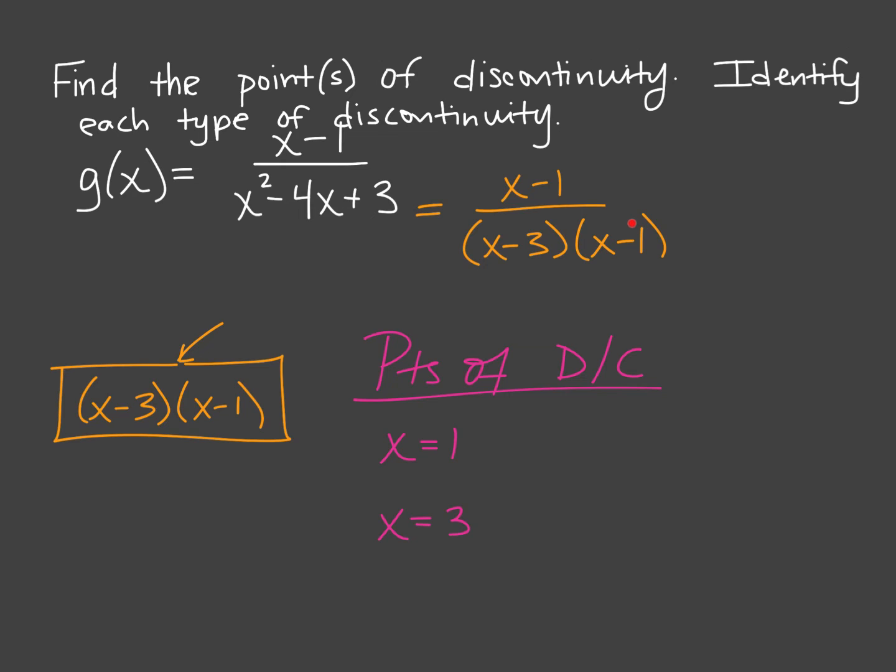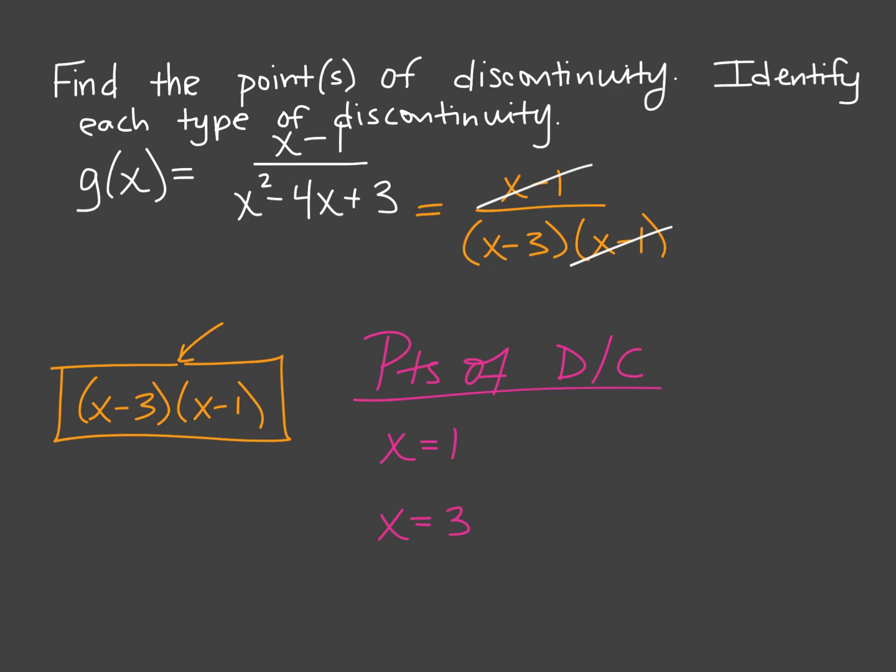This function is super similar to the previous one, except now we can see that our numerator is x minus 1 and therefore cancels with this factor here, the x minus 1s. Since we can cancel those, this discontinuity right here is now a hole. It's a removable discontinuity.